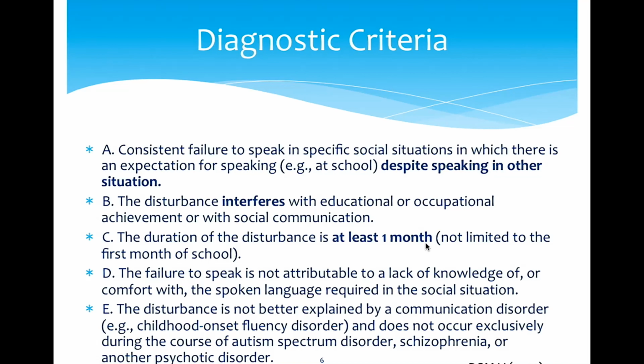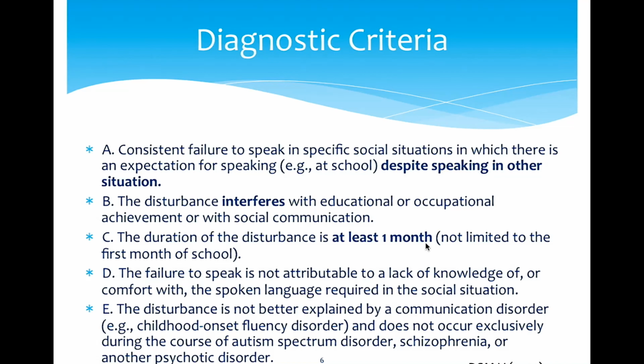This next one is an important one. The duration of the disturbance has to last at least 1 month, and it has to be beyond the first month of school. So this criteria really helps distinguish between the kids that are our slow to warm up kids who might start school at kindergarten and are very quiet, very hesitant to engage, but over time they're able to warm up, and within a month or 2 they're able to respond pretty normally.